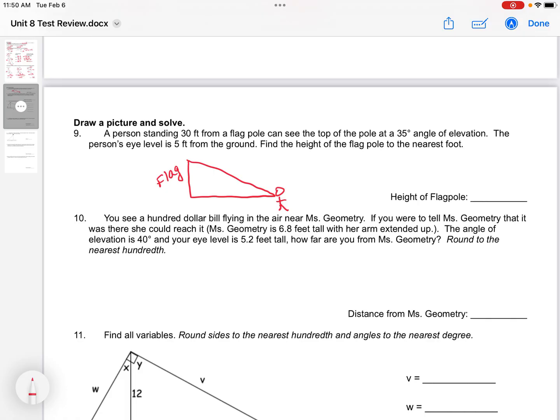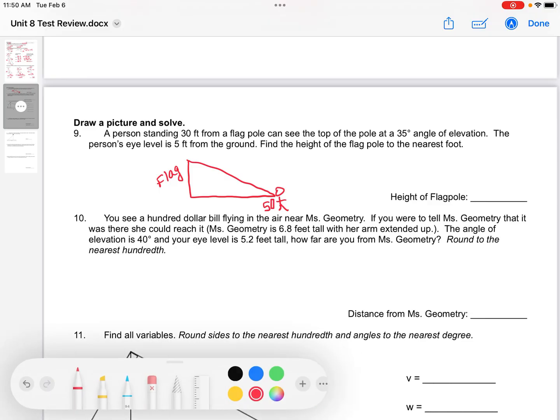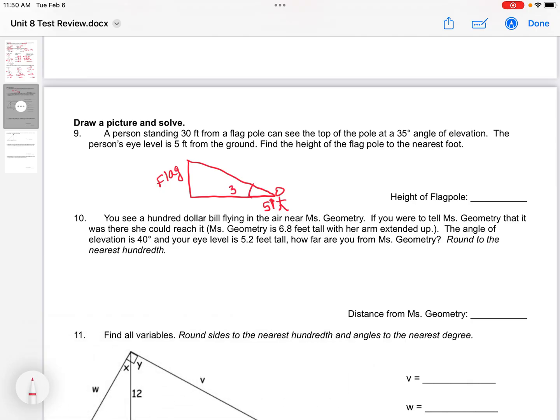And my person's eye level is 5 feet. So I need to make sure that I have an extra 5 feet. The angle of elevation is 35. I'm looking for the flagpole.